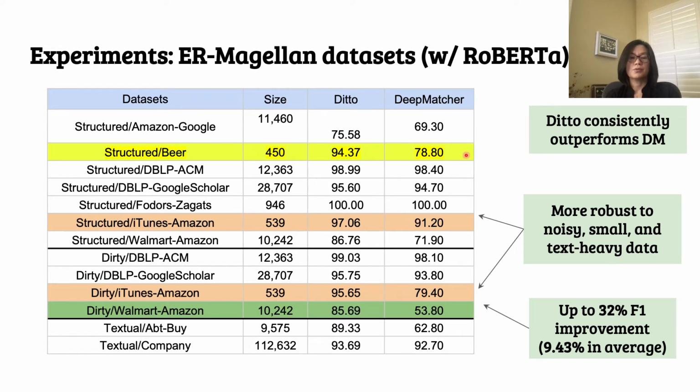In this row, we have a small number of candidate pairs, which means less training data for Ditto to fine-tune on, and in this case Ditto outperforms DeepMatcher by quite a bit. These two rows in orange show that Ditto is also more robust in cases where the data is noisy, small, or text heavy. The performance gap can go up to 32% in the F1 score in some cases.